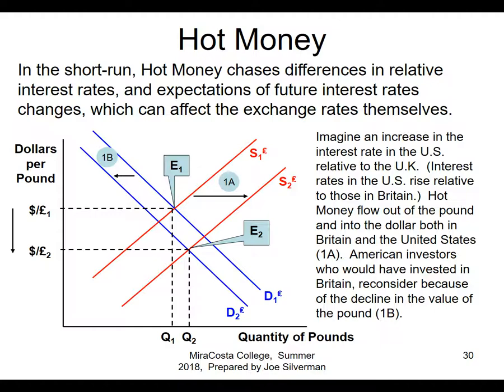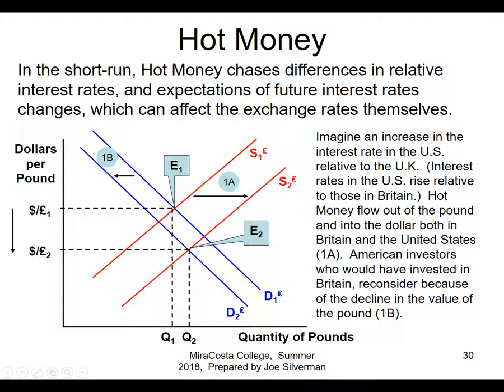So if you're a money manager in London and you're looking at the interest rate in New York versus the interest rate in London, and you notice that the interest rate in New York is higher than it is in London, you're probably going to exchange more pounds for dollars because you want to invest more of your money in the United States.